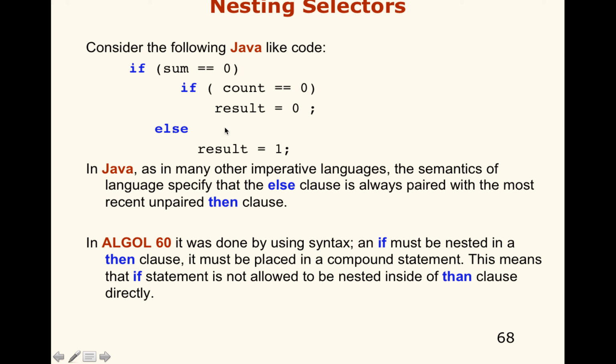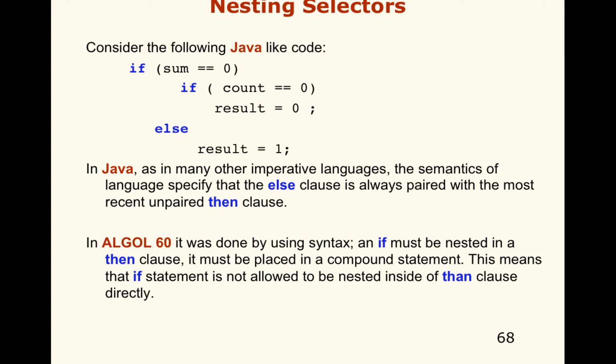In Java, as in many other imperative languages, the semantics specify that the else clause is always paired with the most recent unpaired then clause. Well, we don't have a then, so if we had a then, it would be right here. So this slide is basically telling you that there's an automatic pairing with the elses, and that's how the nested selectors are being created.